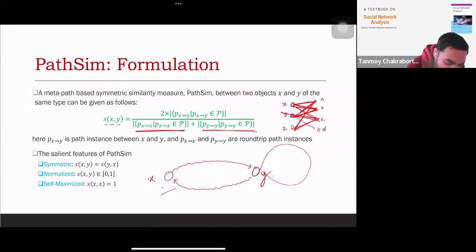Now this round trip metapath does not consider X. So this kind of round trip metapaths will contribute here, but not here. So this says the round trip metapaths of X, round trip metapaths of Y, and how many of them connect X and Y together? Why that, I'll come to that.